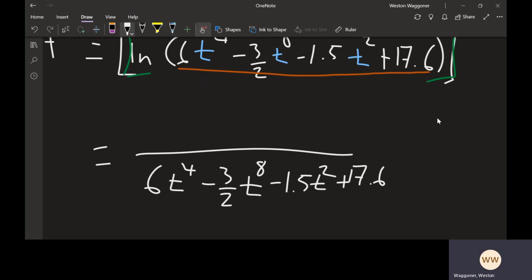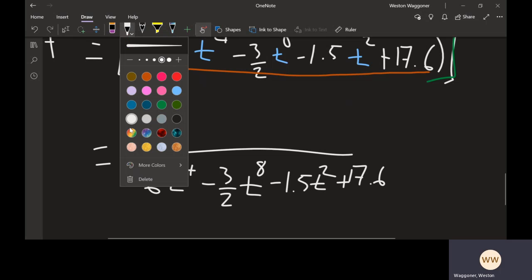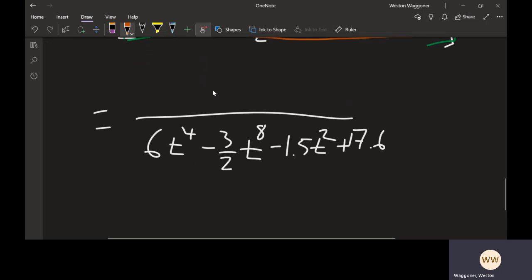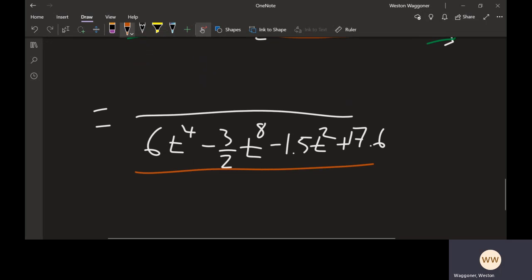Okay, so that's what we have. This is going to be orange. That was what was inside of this ln, and we're just going to keep that down in the bottom. This isn't another fraction, I was just underlining everything.